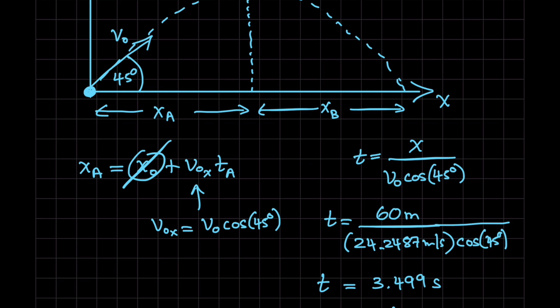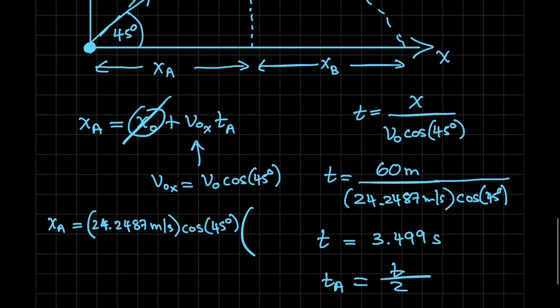We want to write x a is equal to 24.2487 meters per second, our initial velocity, cosine of 45 degrees times half the time, right?